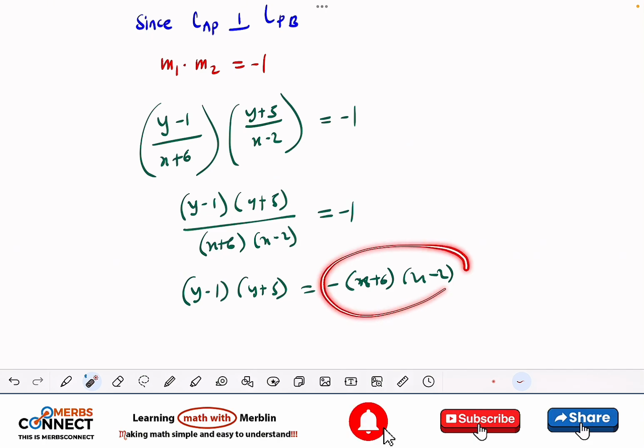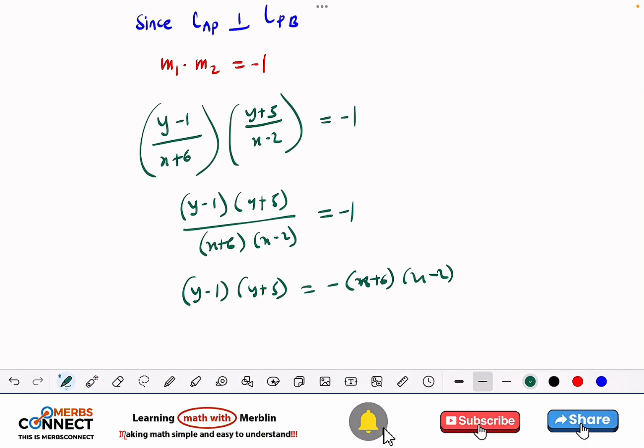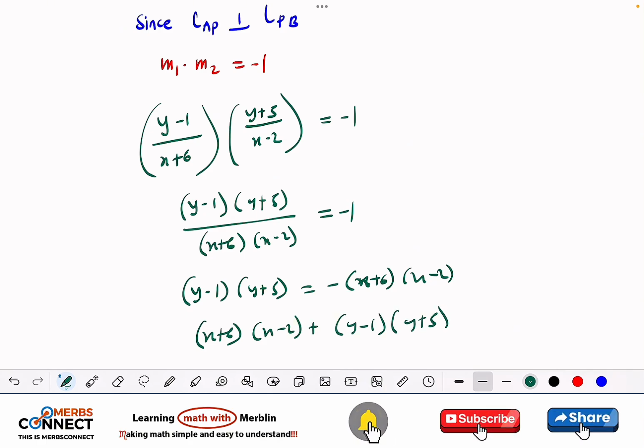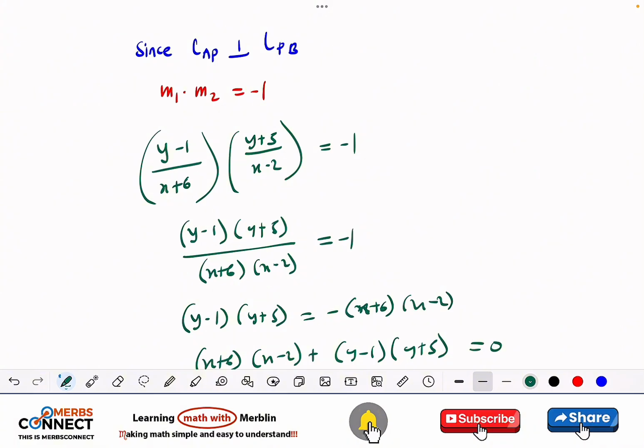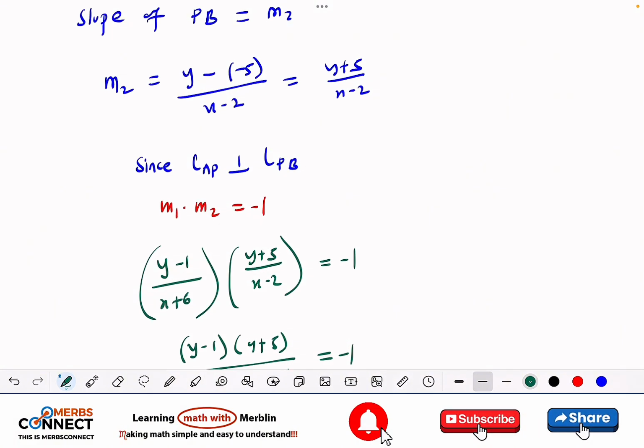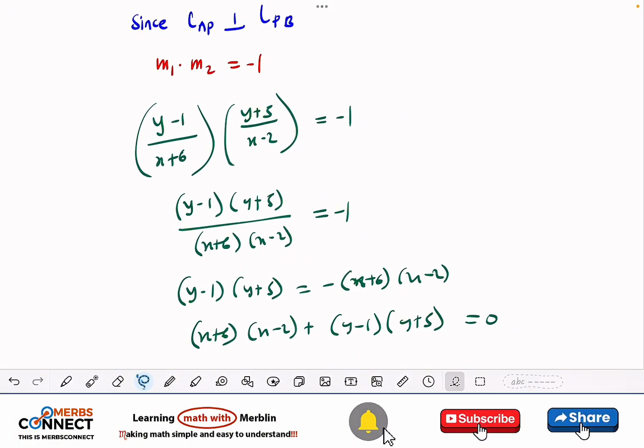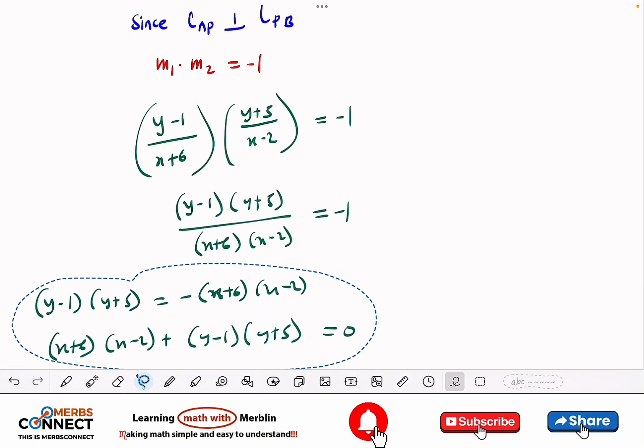Then when I move this to the left, I have x plus 6 times x minus 2, plus y minus 1 times y plus 5, equal to 0. You can expand this to get the equation of the circle in the best form, but we can also leave it here.